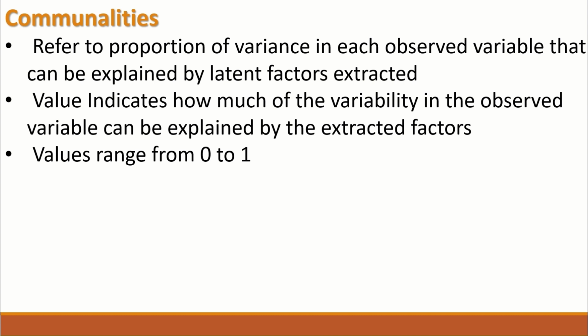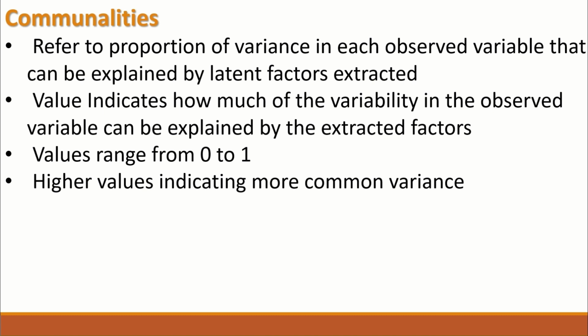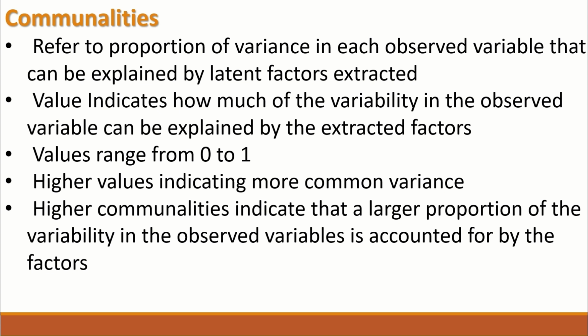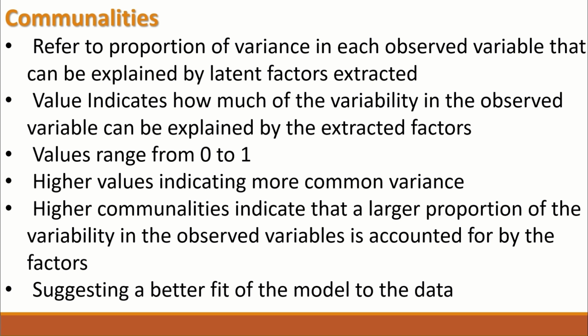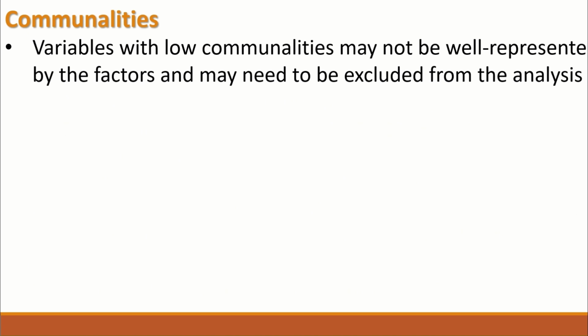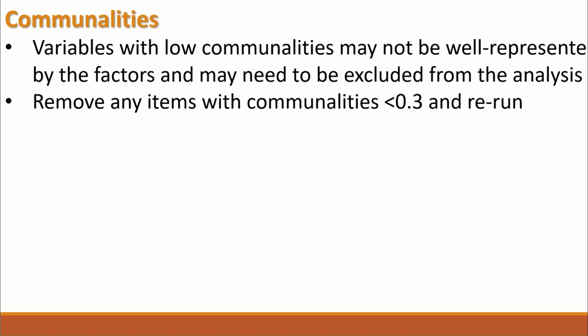The values for communalities range from 0 to 1, higher values indicating more common variance. Higher communalities indicate that a larger proportion of the variability in the observed variable is accounted for by the factors, and this suggests a better fit of the model to the data. So variables with low communality may not be well represented by the factors and may need to be excluded from the analysis.